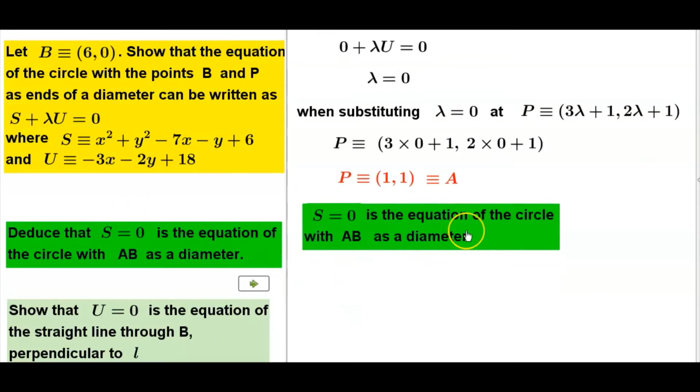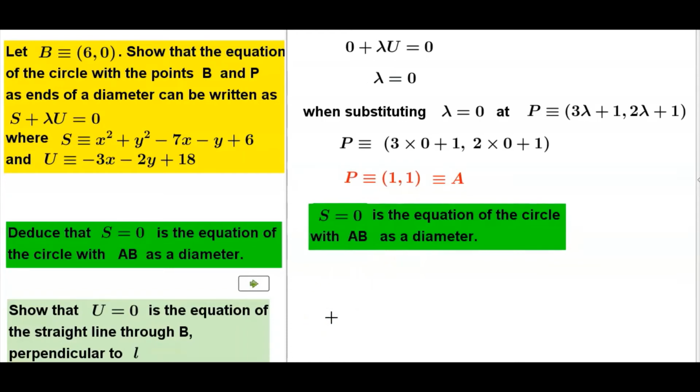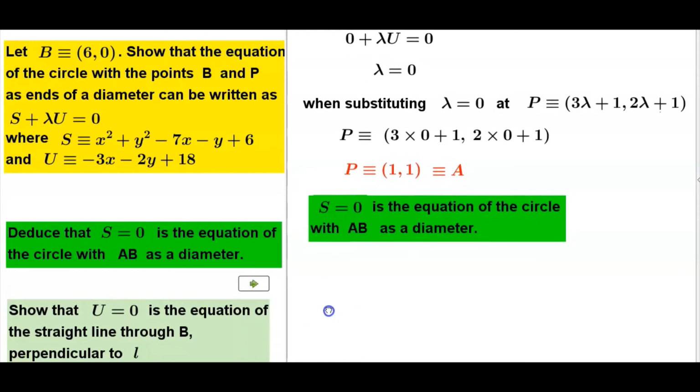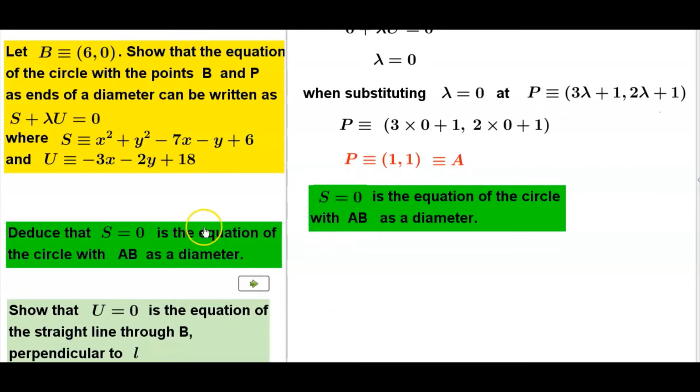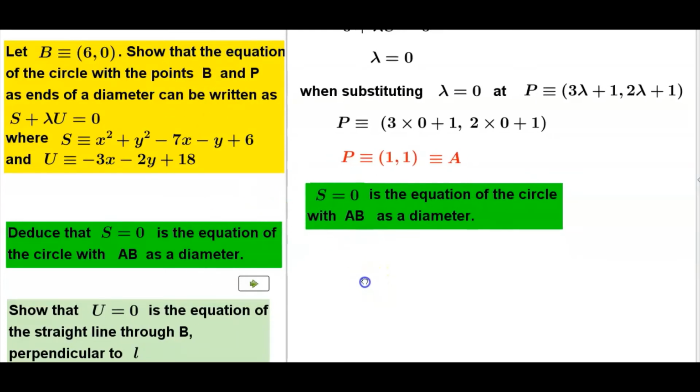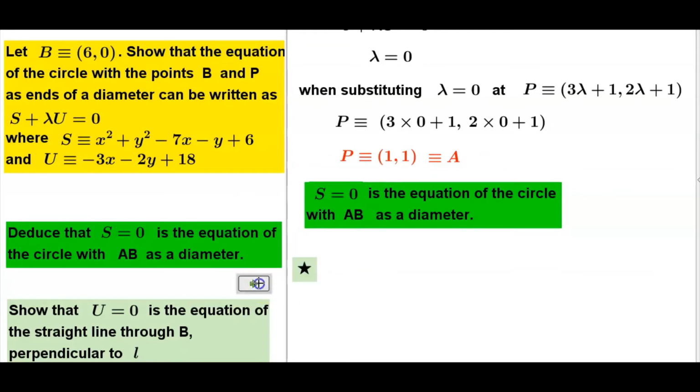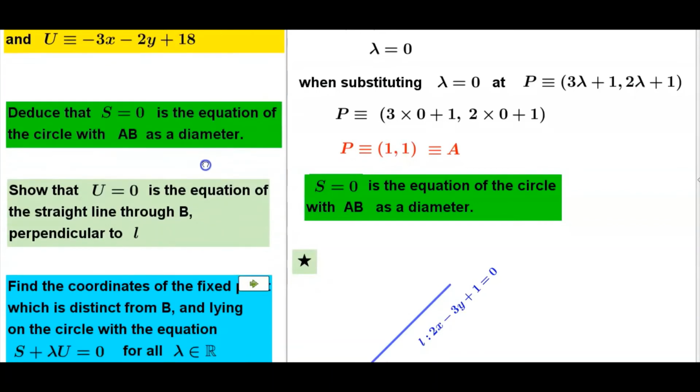Therefore S equal to 0 is the equation of the circle with AB as a diameter. We deduced this one. We can also find it by another, easier method, but we wanted to deduce it from this part. Okay, now we come to the next part.